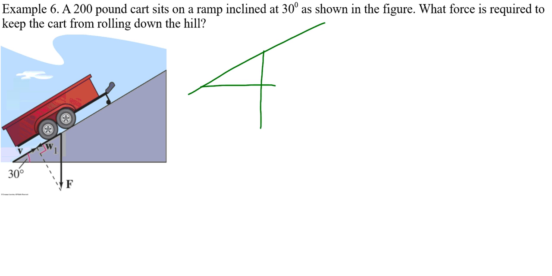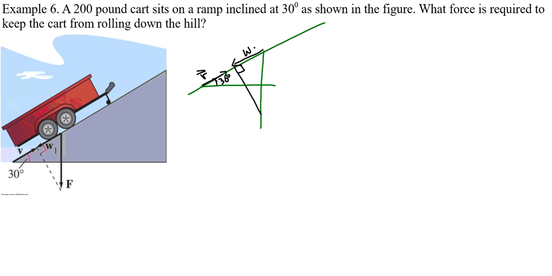So we have this vector v that is right here that we're kind of pushing up the hill so that it doesn't go down the hill, acting on it. And that is 30 degrees. And then we can have this right triangle here.